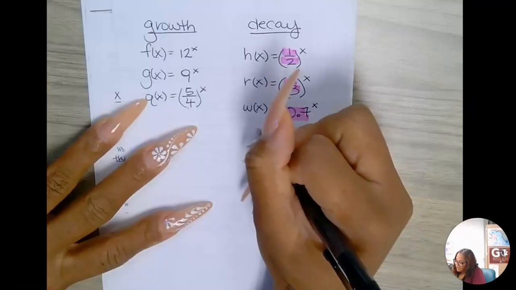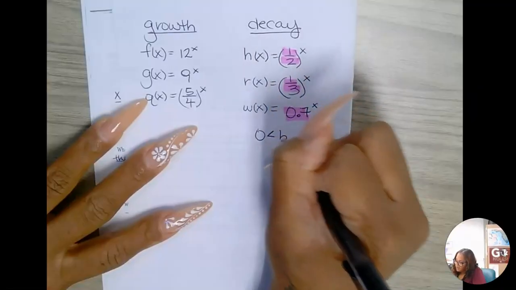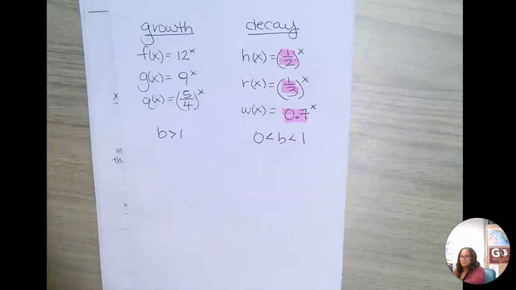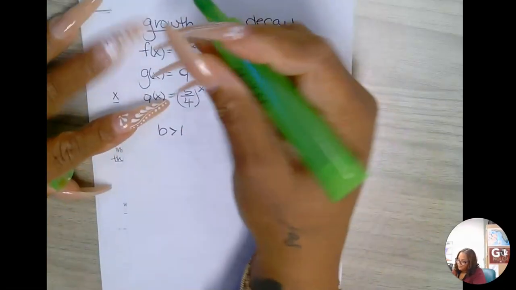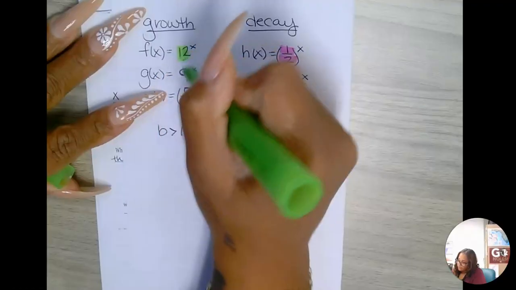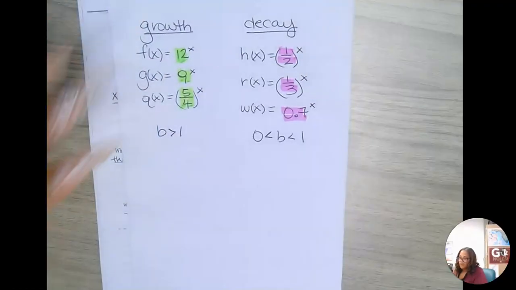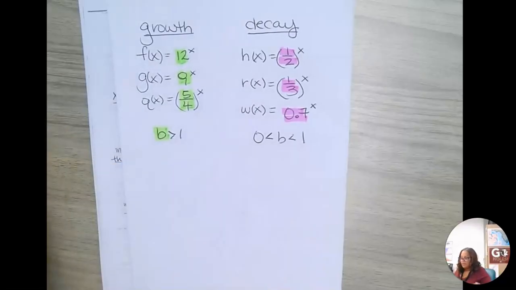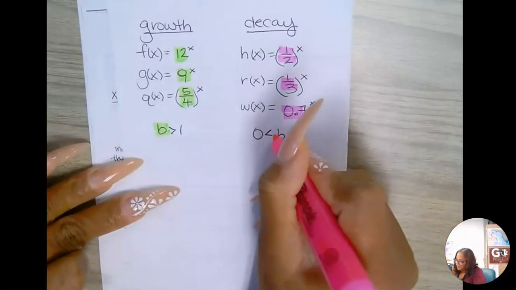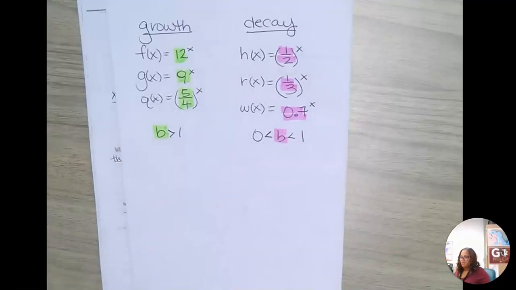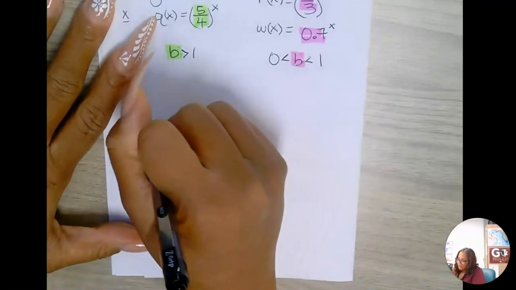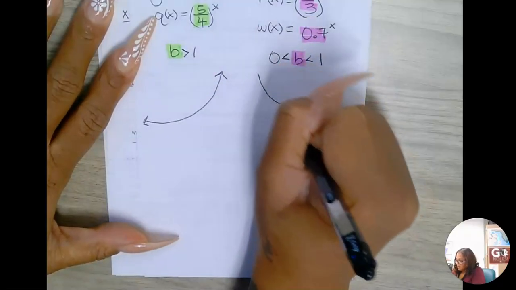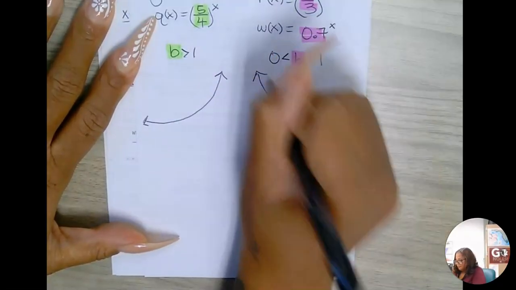Okay? So this is my b is between 0 and 1, and here my b is greater than 1. Okay, so this is the b, and this is the b over here. And typically, these will be shooting up, and these will be shooting down.